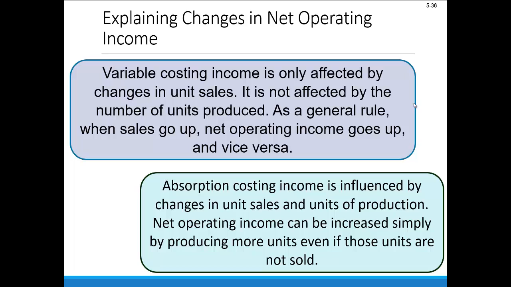So net income can be increased really just by producing more units, even if those things are unsold. So that does open up the potential for earnings manipulation in a way. Right? If a company's in trouble and thinking they might miss earnings targets, which are very important in today's capital markets, they can artificially increase that just by ramping up production. And that's a potential issue.